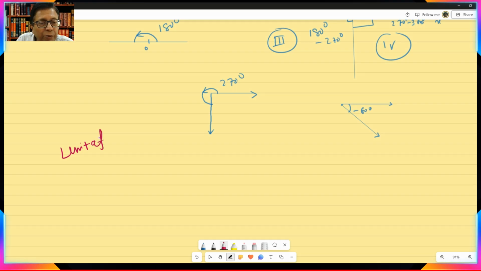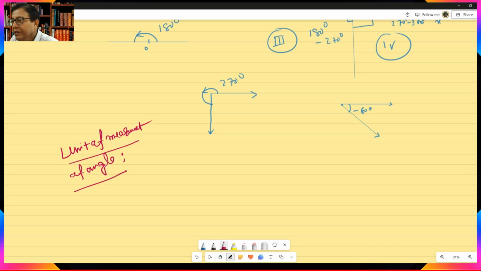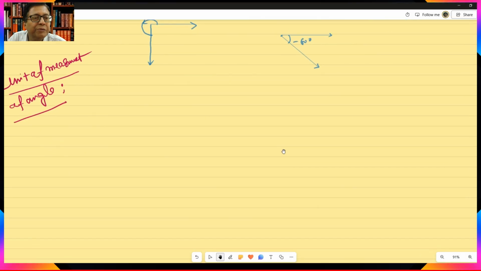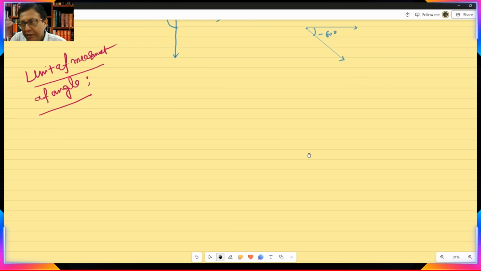Units of measurement of angle. In physics, normally radian measure is taken. Degree measure is also there, but radian measure is normally taken. What is the concept of radian?